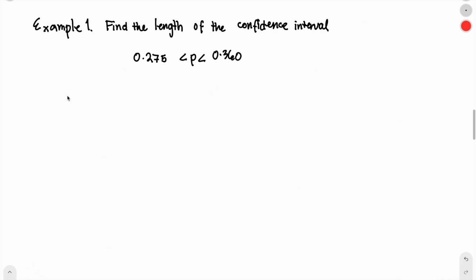Okay, so for example, find the length of the confidence interval of p greater than 0.275 and less than 0.360. So you can easily find the LCI for this by subtracting the lower central limit from the upper central limit, which is 0.360 minus 0.275, and this should give you 0.085.